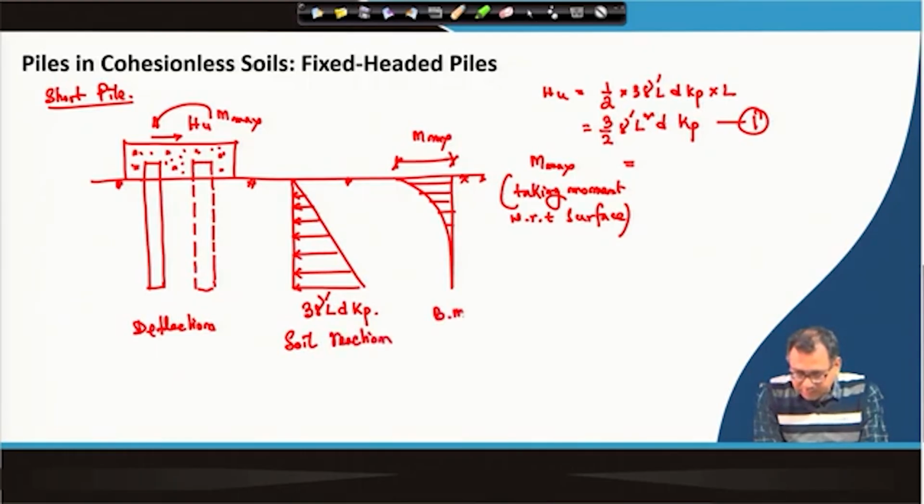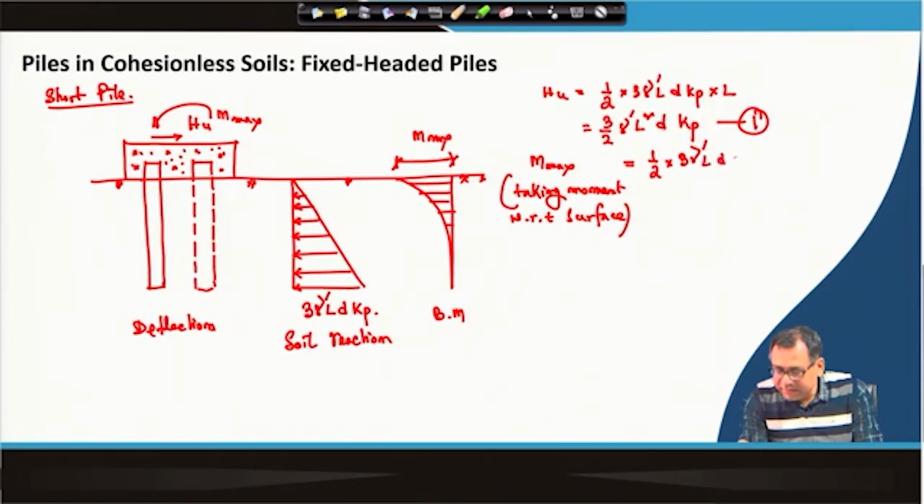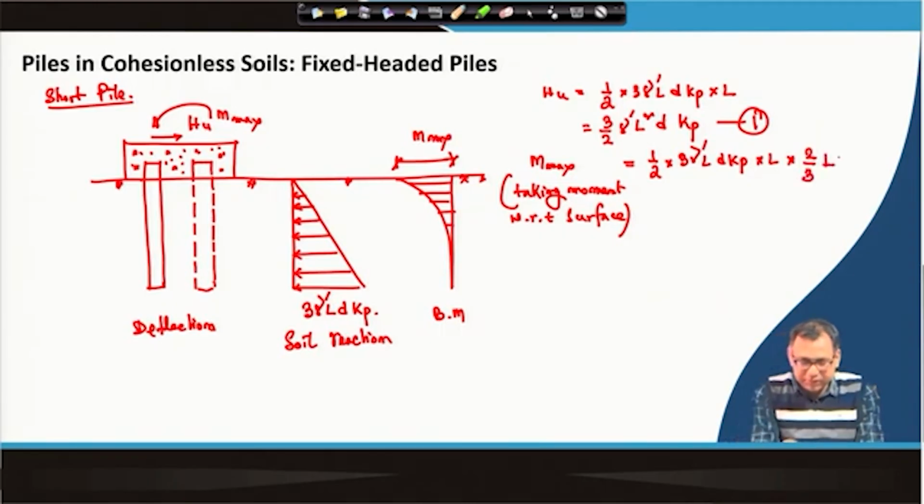and this is the bending moment. So, that will be total is Hu, because this is half into 3 gamma dash L d Kp into L into 2/3 of L, because from the base it is 1/3, from the top it is 2/3.